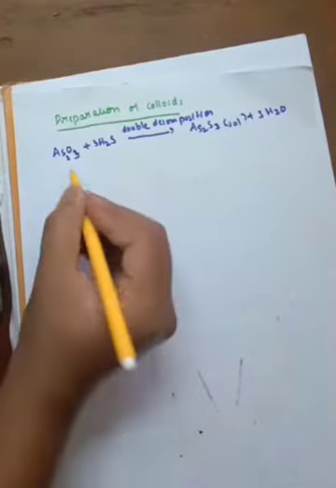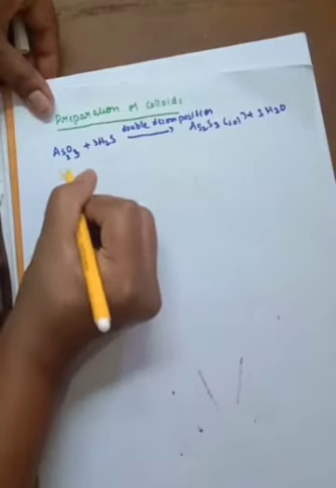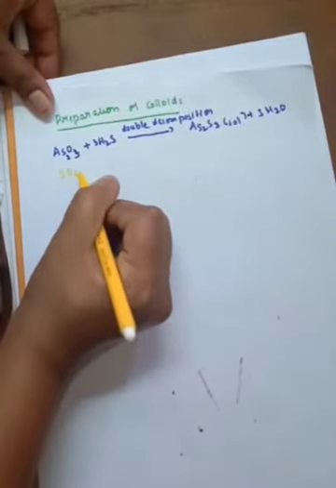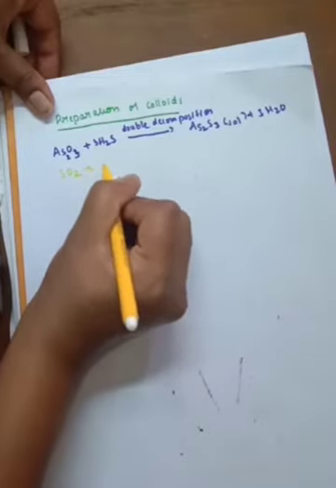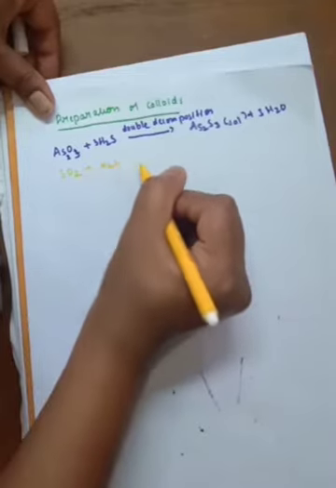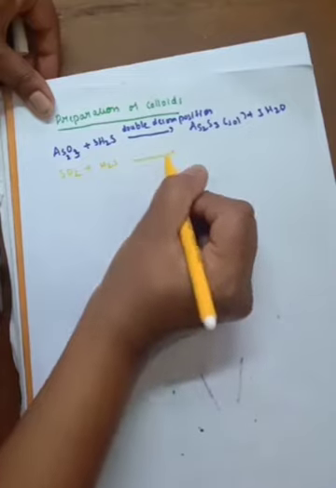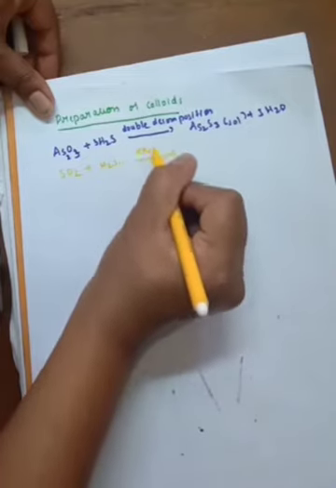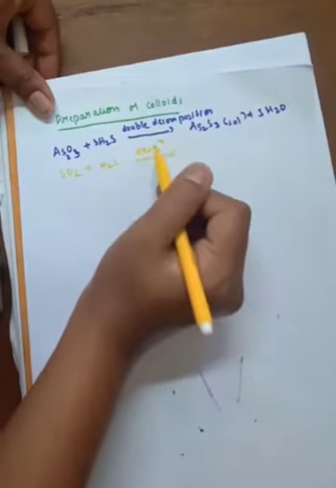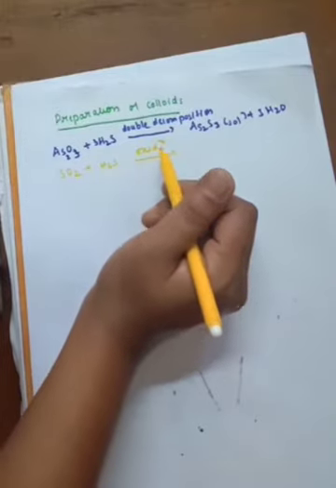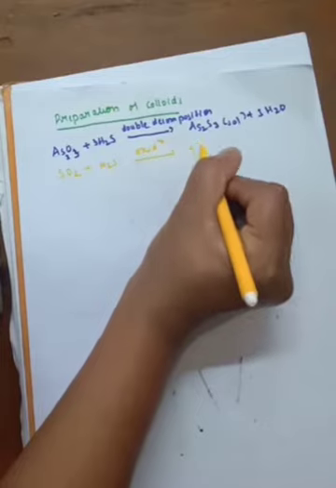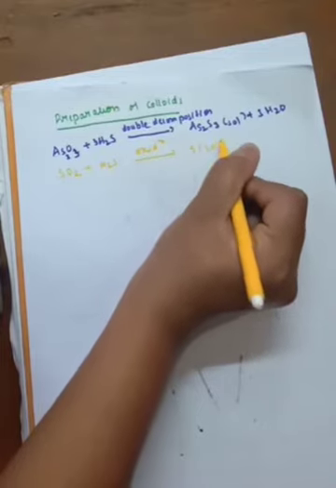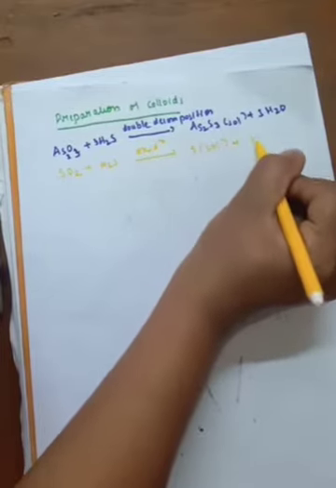by using SO2, sulfur dioxide, SO2 plus again H2S, it undergoes oxidation. You already know the meaning of oxidation: addition of oxygen or removal of electrons. What happens? Sulfur sol is prepared, plus H2O.